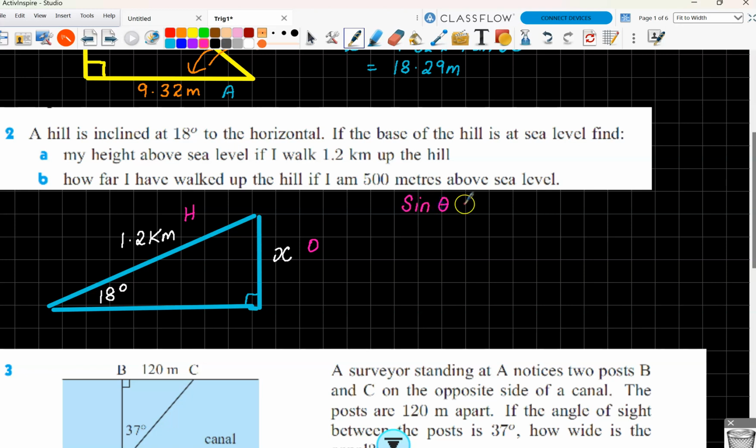So we say sine theta equals opposite over hypotenuse, and then sub away. So sine 18 equals x over 1.2, and once again it's just like the question above, except instead of tan it's sine. So to get rid of the divide by, we're going to times.